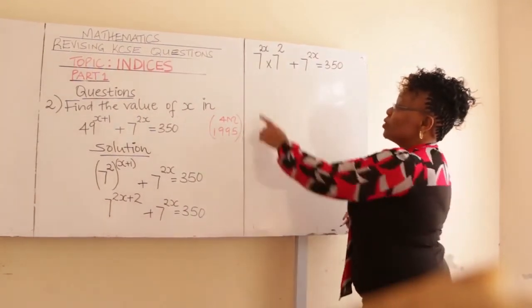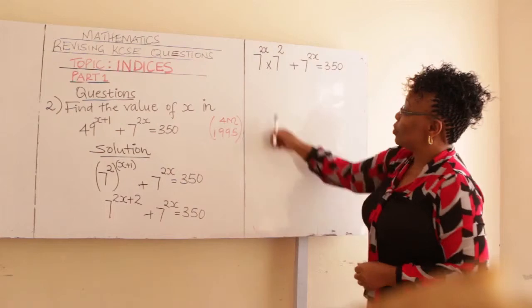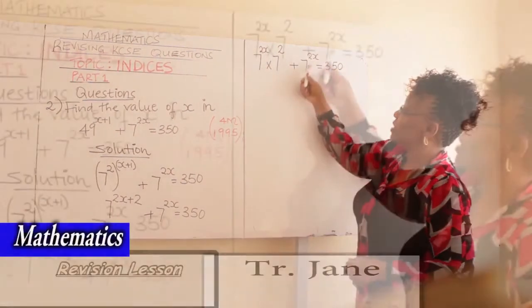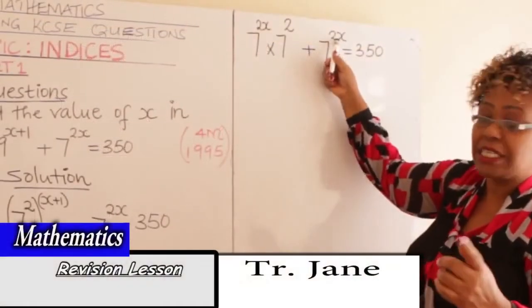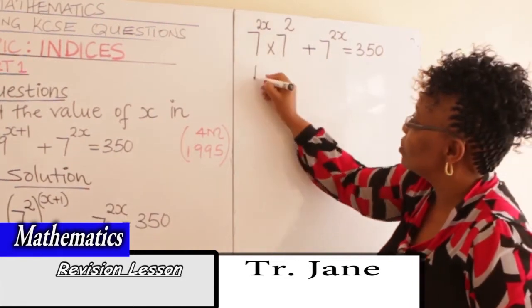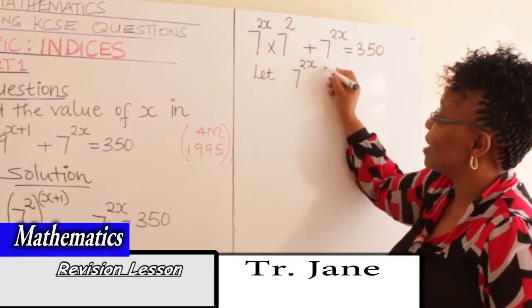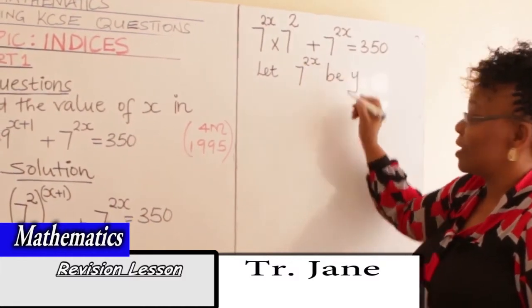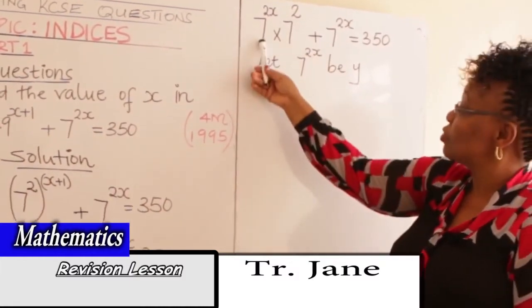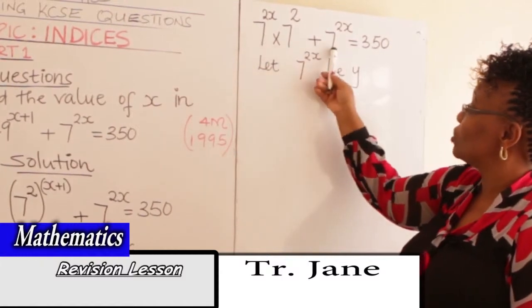So if you look at this now, you have 7 raised to 2x there and 7 raised to 2x there. A common term. Let it be y. So you come and write, let 7 raised to 2x be y. Write y there.